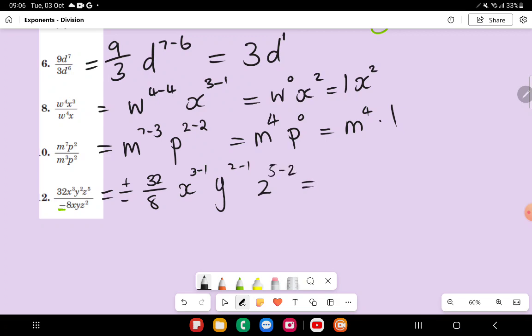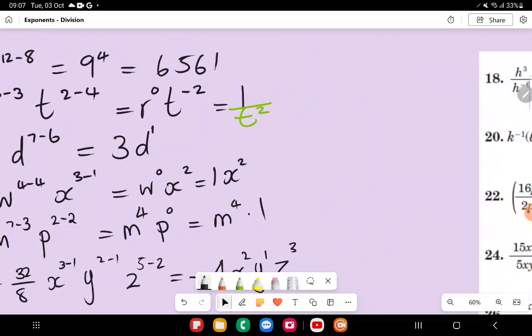And that gives me plus and minus. Because I have an odd number of minuses, my answer is going to be minus. So minus 32 divided by 8 is 4, x squared, y to the power of 1, z to the power of 3.